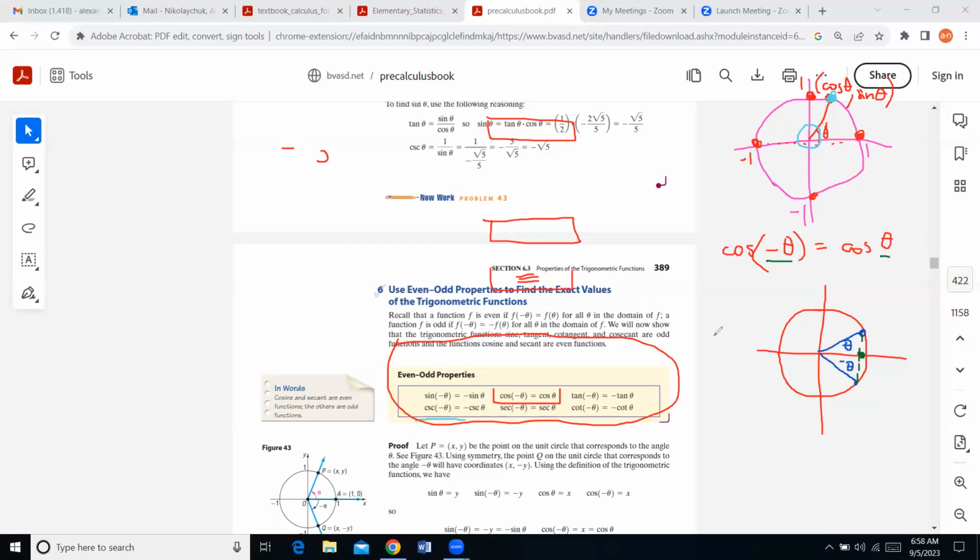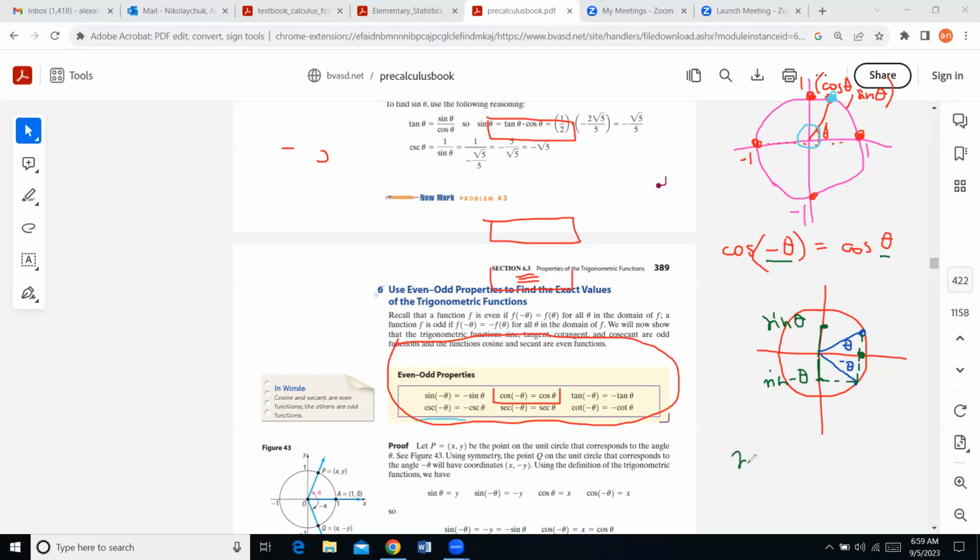With a sine, it's different, because the sine is your y-coordinate, right? For theta it's going to be here, but for negative theta it's down below, because sine, again, is the y-coordinate. So we need to notice the signs are opposite.